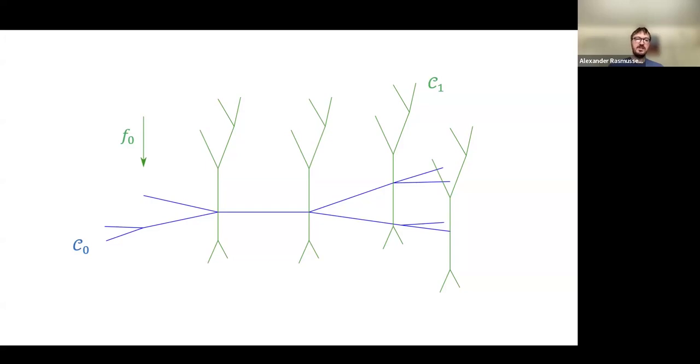So if you take a bounded set, not necessarily just a point, its pre-image is contained in a quasi-tree. So this is saying something like C1 fibers over C0 with fibers that are quasi-trees. So we get one graph out of the next by adding on quasi-trees, basically.